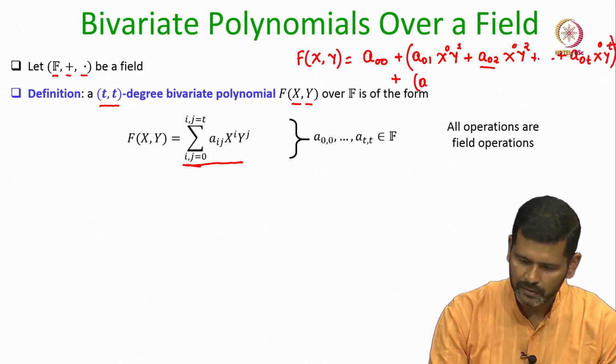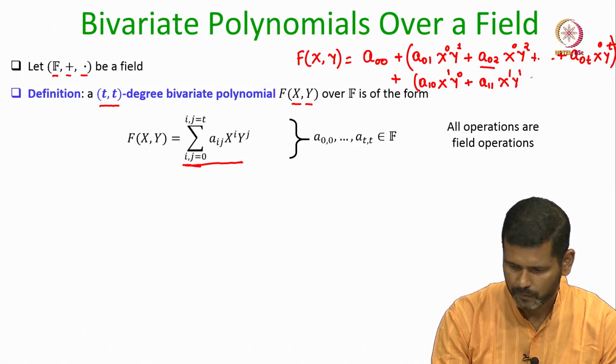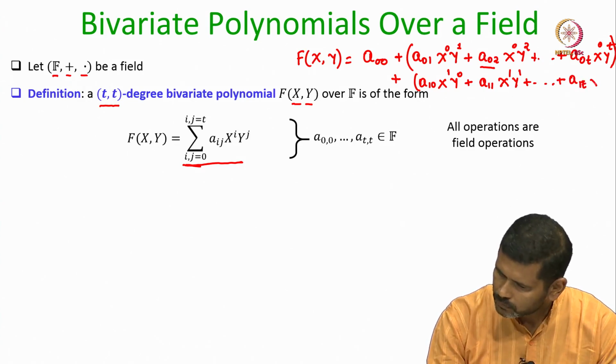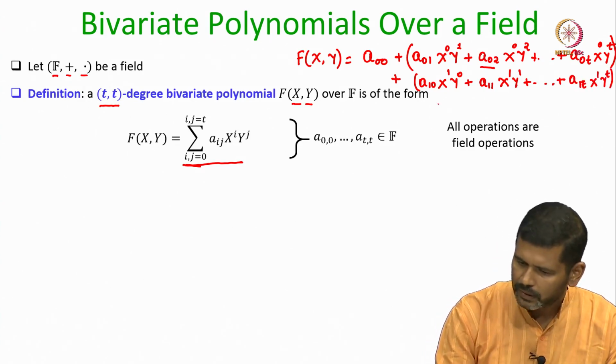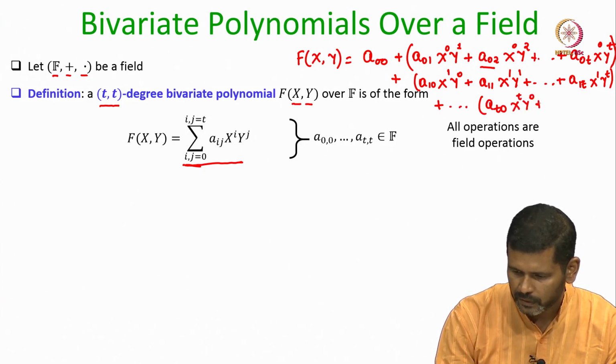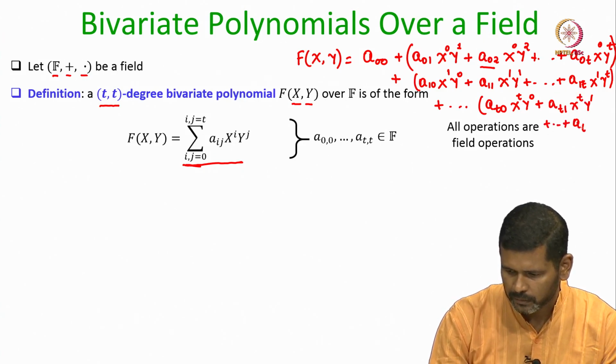And then you will have similarly terms like this, and then all the way to terms where you have x power t y power 0, a term with x power t y power 1 and a term with x power t y power t.